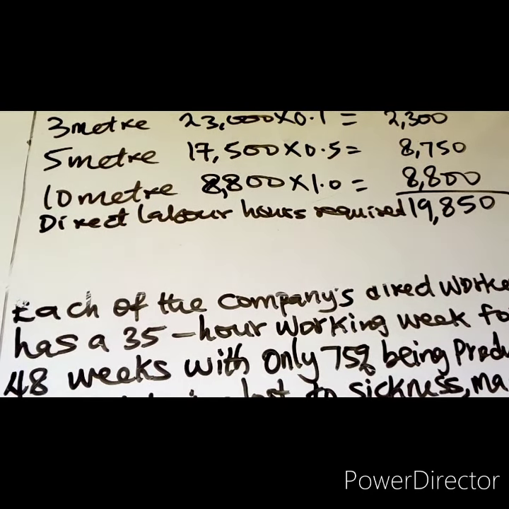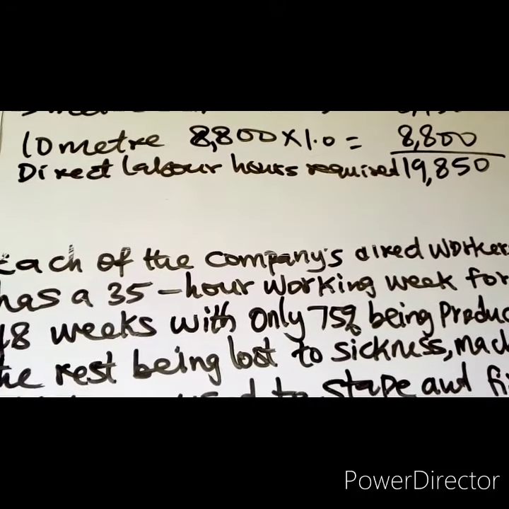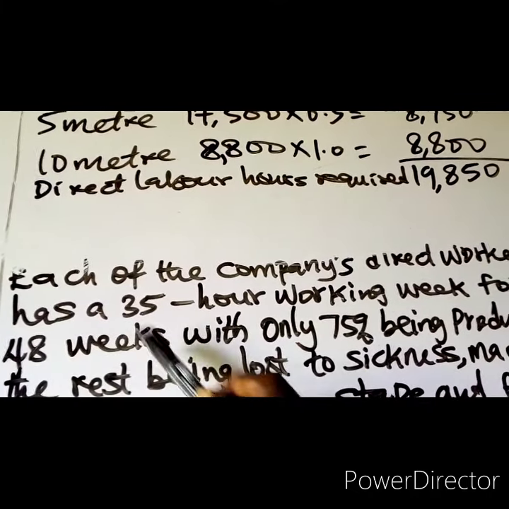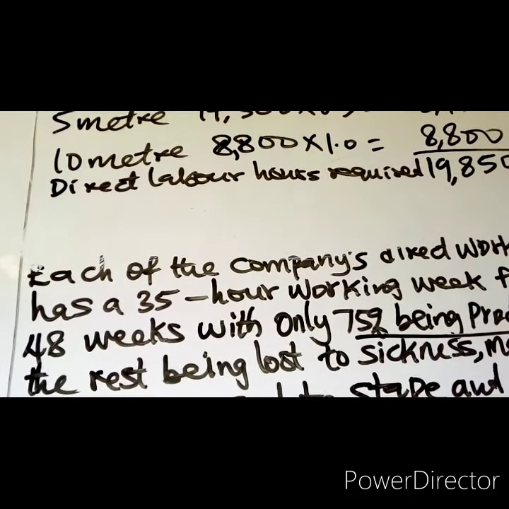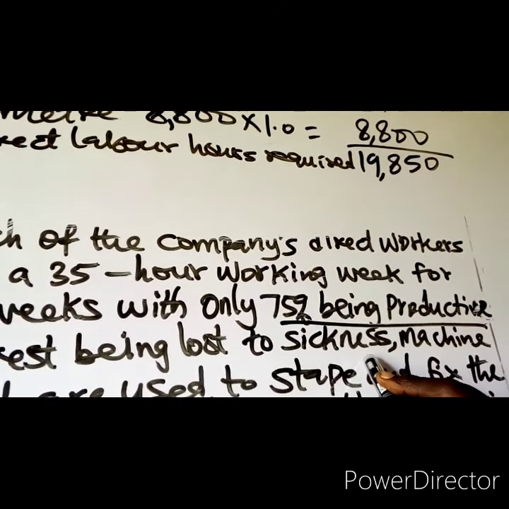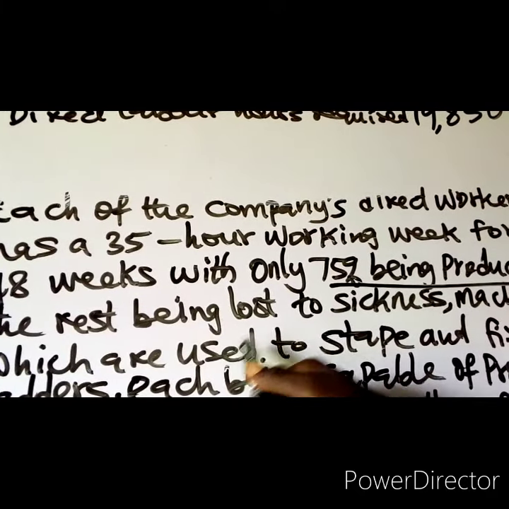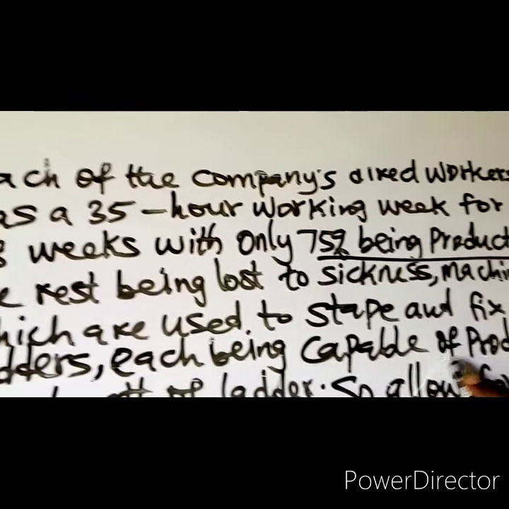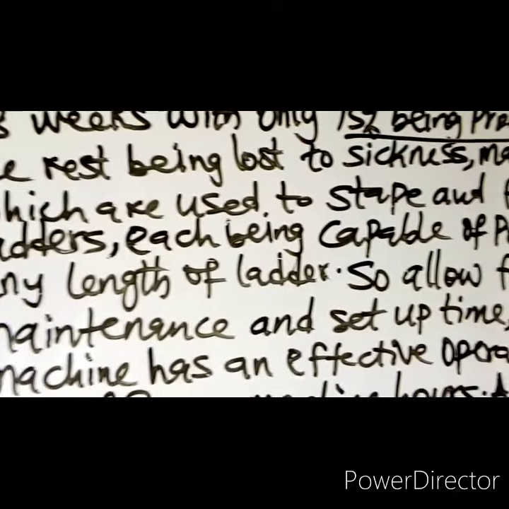From the note, you were told that each of the company's direct workers has a 35-hour working week for 48 weeks, with only 75% being productive, the rest being lost to sickness. Machines are used to step and fix the ladders, each being capable of producing any length of ladder, so allow for maintenance and setup time.